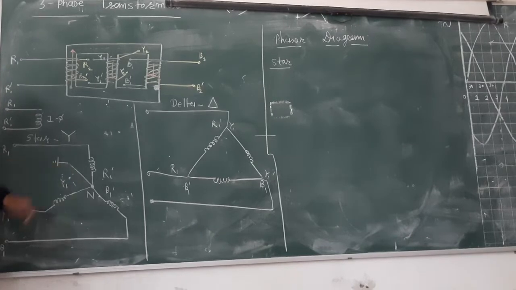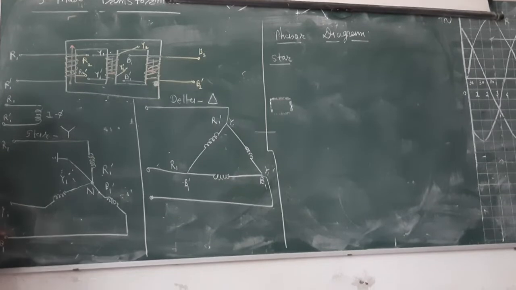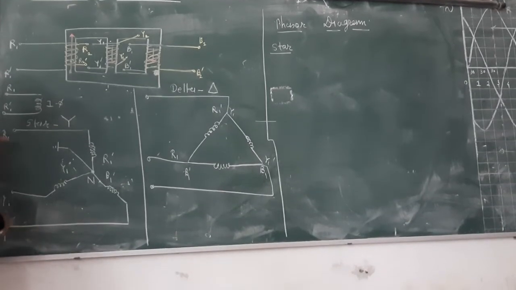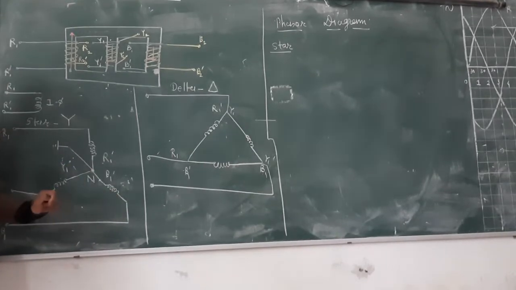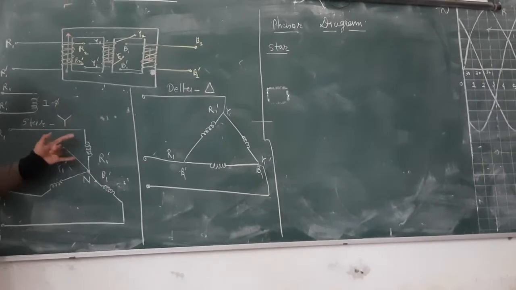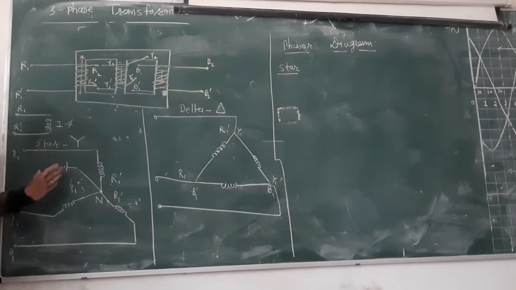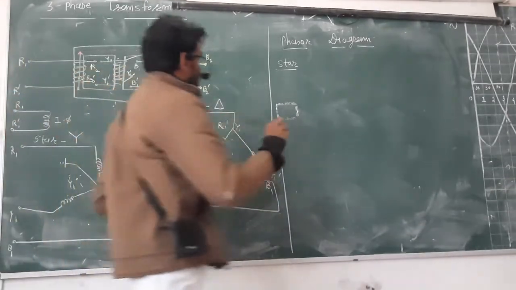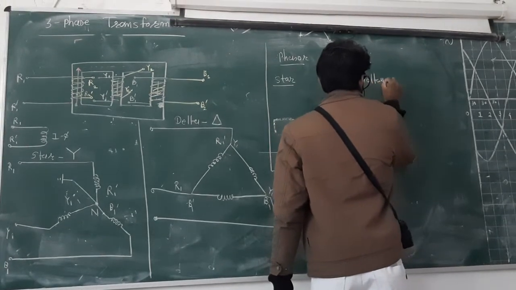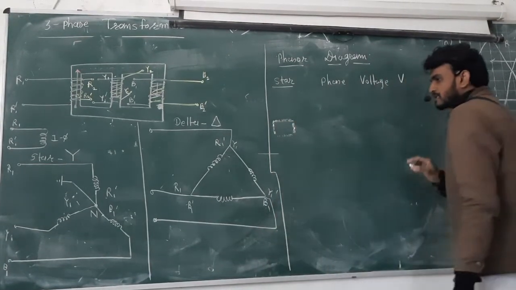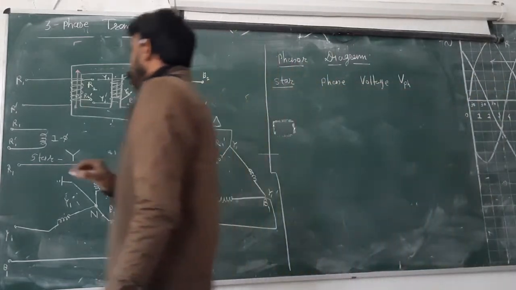Now check the phase angle, 120 degrees. Yes, 120. Whatever voltage we apply here, V1 and ground, that will go this way. Okay. So in this way, all three windings are under the pressure of the voltage, and that voltage is called the phase voltage. So first thing we are going to write down is phase voltage, and we will represent it by V, and then write PH. That is the phase voltage.